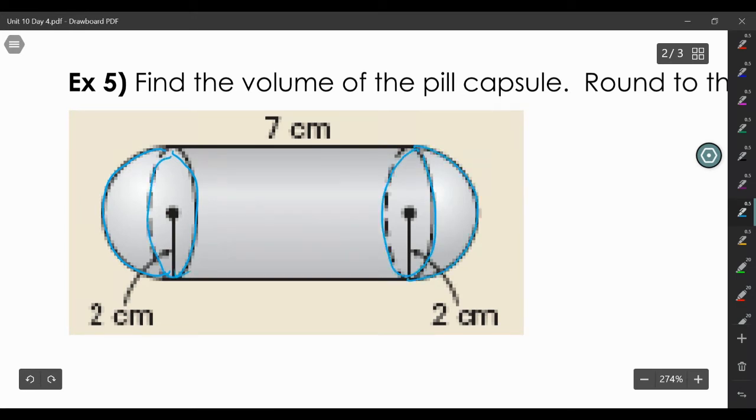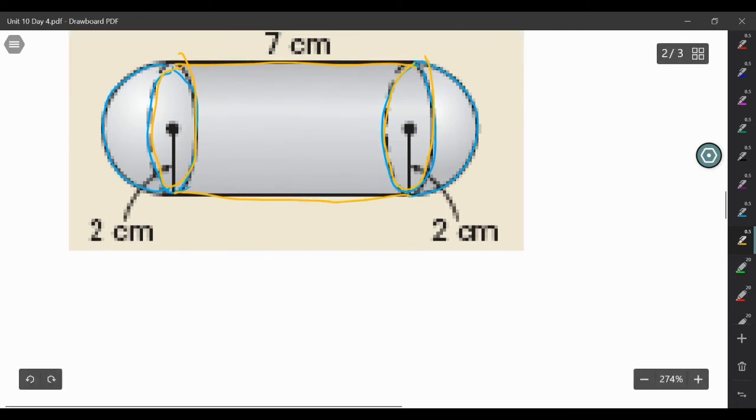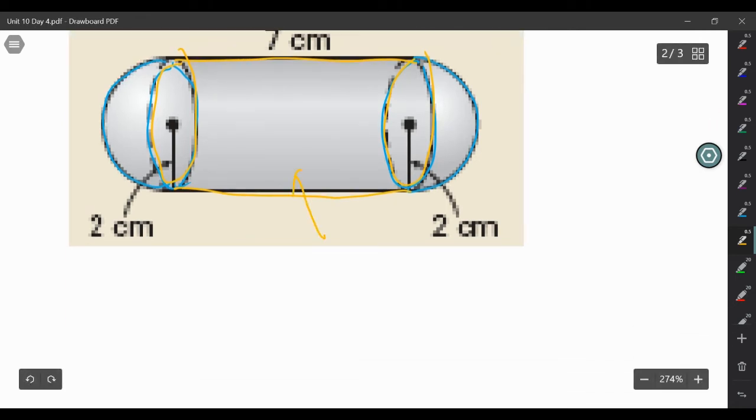We have 2 half spheres, and in between those 2 halves, we have a cylinder. And we want to find the volume of this pill capsule. Well, we have this cylinder, and we have 2 half spheres.